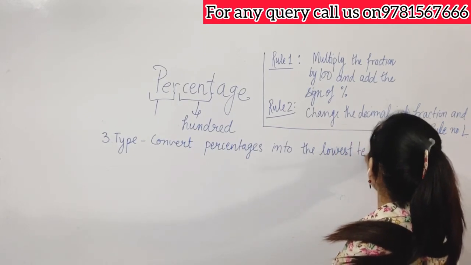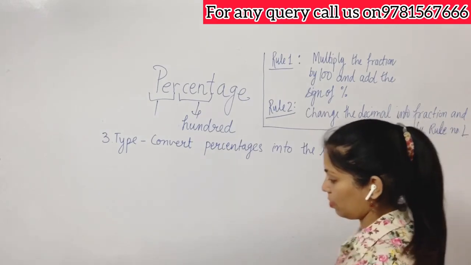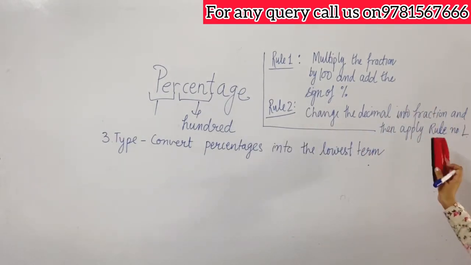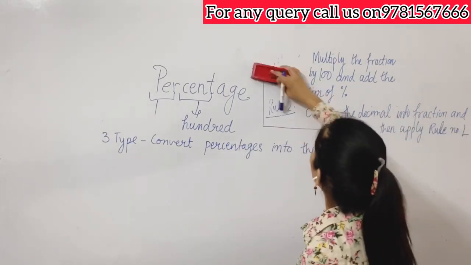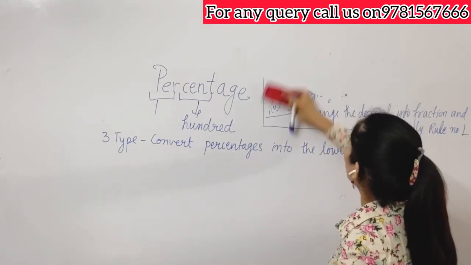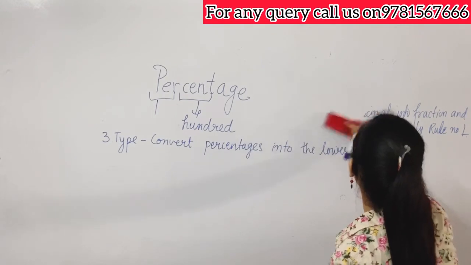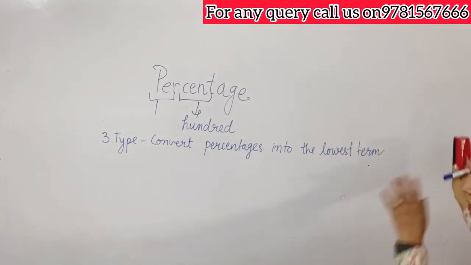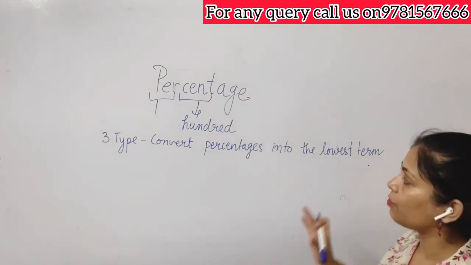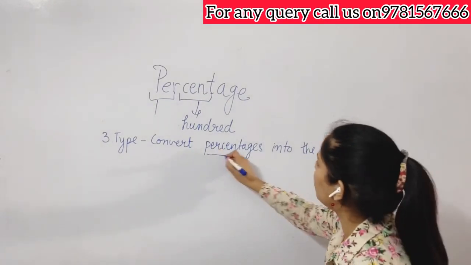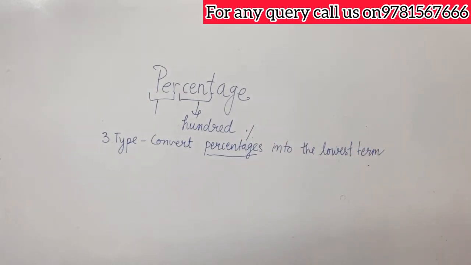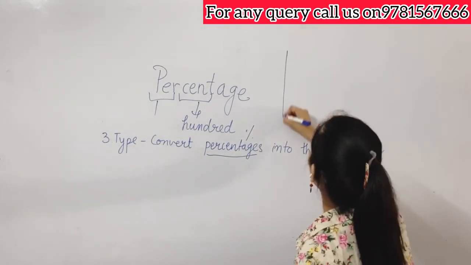Remember we did it in the 5th grade also. Yes. Have you written these rules? Rule number 1, rule number 2? So I'm erasing it. If you have not written, you can go back to the video, pause it and write it down. Because now this rule is different, and for this kind of question where we are converting percentage into the lowest term, the rule is different. So first of all, you will write the rule.